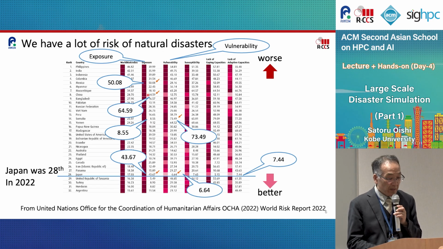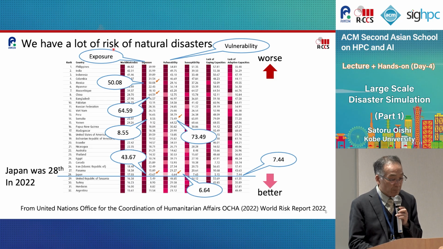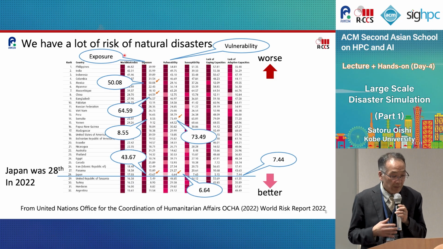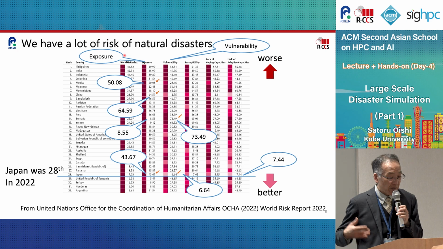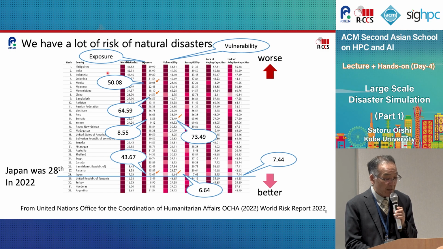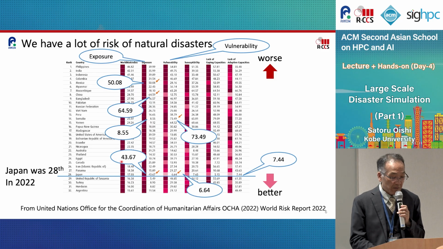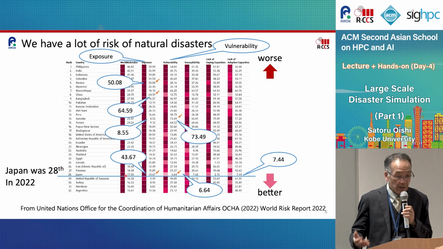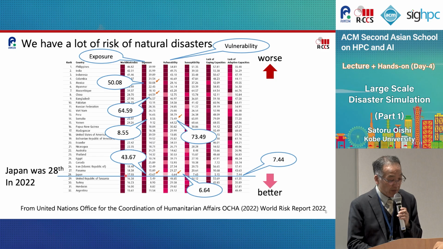In terms of the exposure, that is how frequent and how big damage natural hazard is, the worst country is China. China is a big country with many disasters. The second worst is Mexico. And Japan is the third worst in terms of the severity of the natural disaster itself.